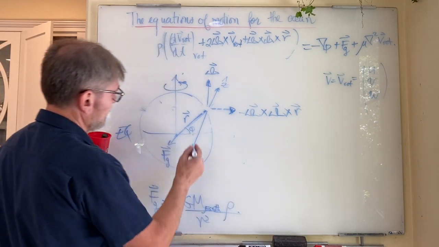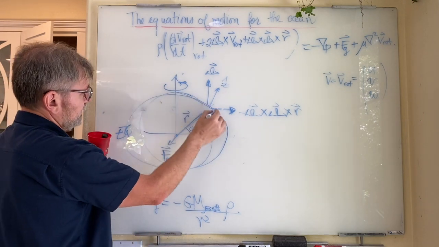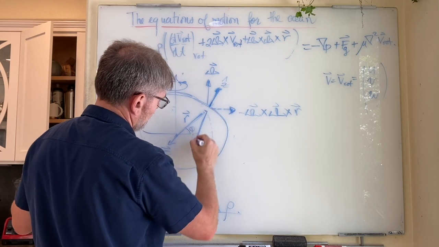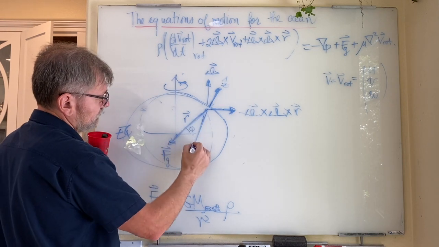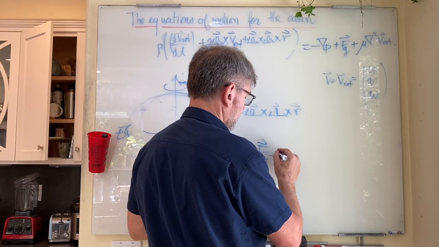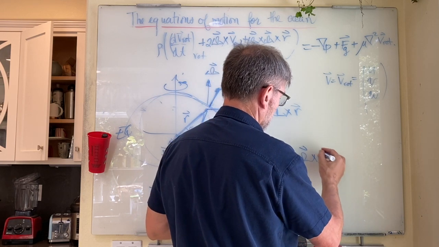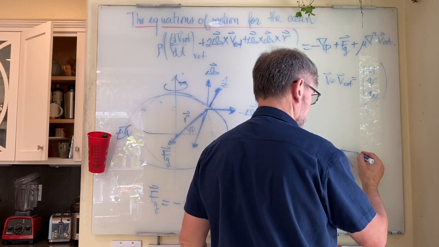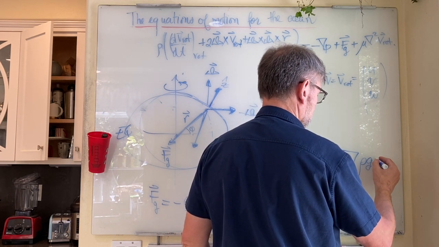And my picture is getting messy, but I want to make it a little bit fatter. Something like this. And this direction here is opposite direction of the vector sum of the centrifugal and gravity. Minus omega cross omega cross r is equal to minus the gradient of rho g z.